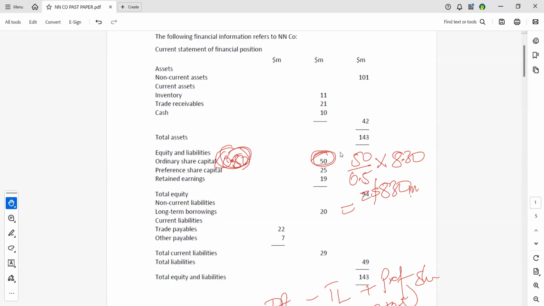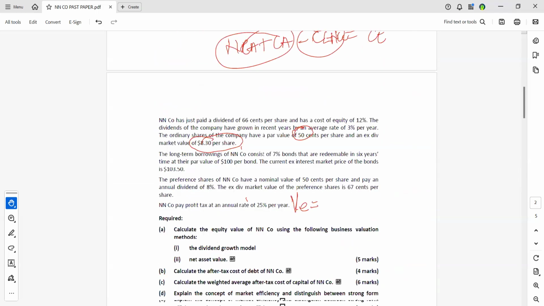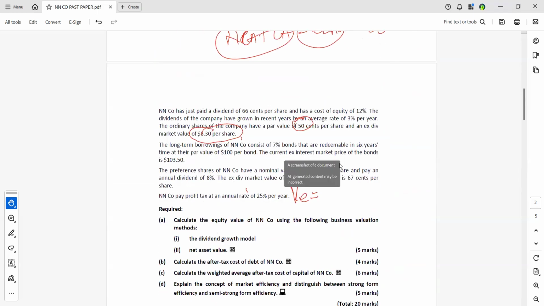I need to look for the value of D and the value of P. Okay? So now let's go to the preference. The preference is quoted also here as 25. Let's see the nominal value. The nominal value is also 50 cents. And the price per share at the moment is 67 cents.